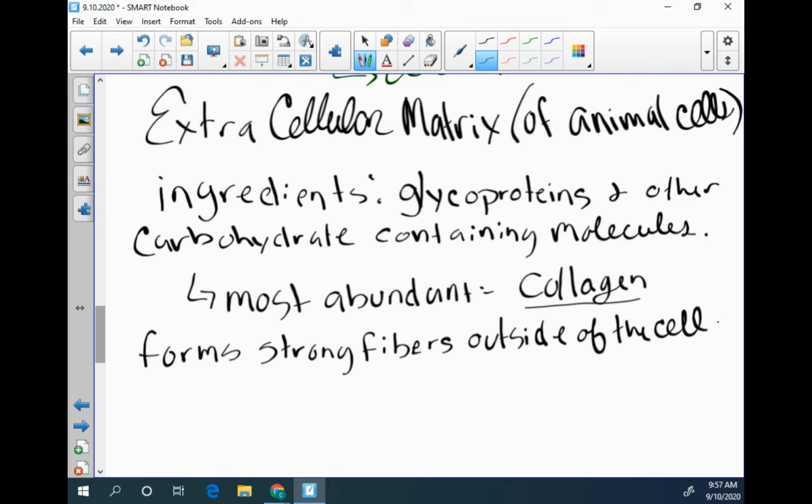Collagen makes up 40% of all of the proteins in the human body.